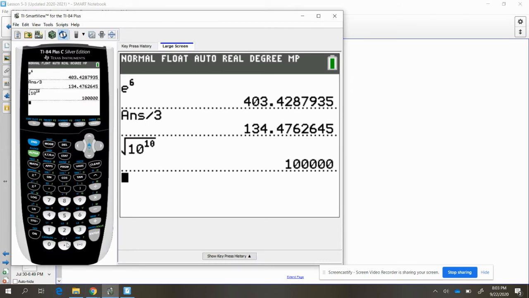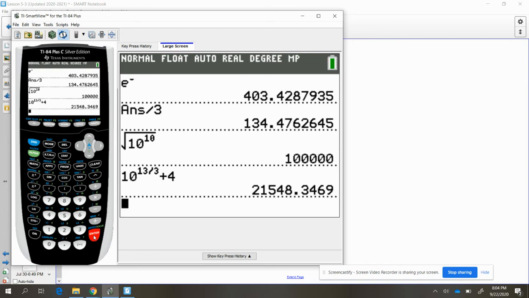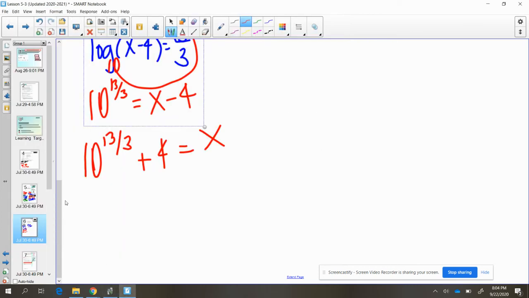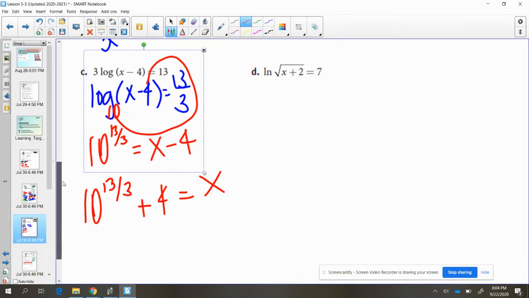So with our calculators, 10 to the 13/3 plus 4, right, gives us our approximate answer here. Okay. Now, again, this one, kind of a viewer's choice of how you want to look at it.